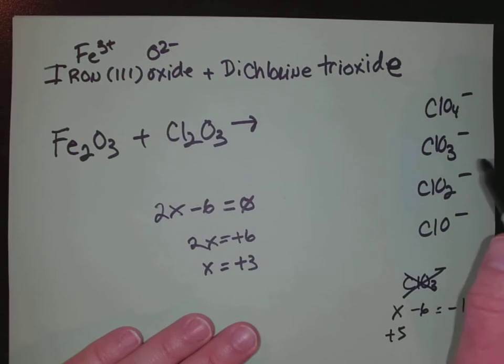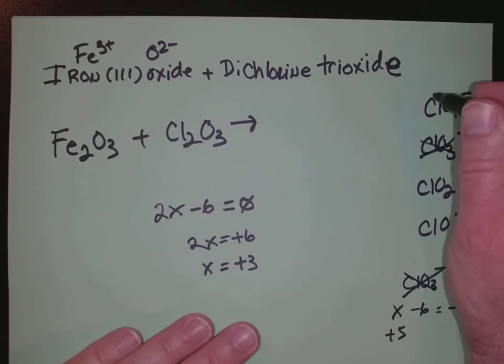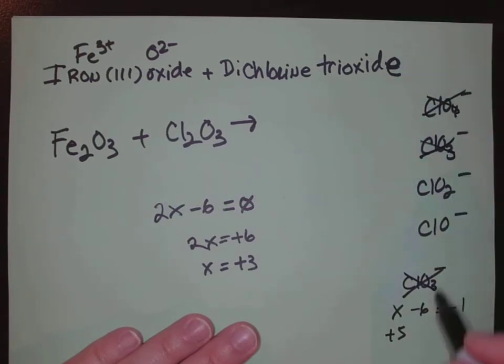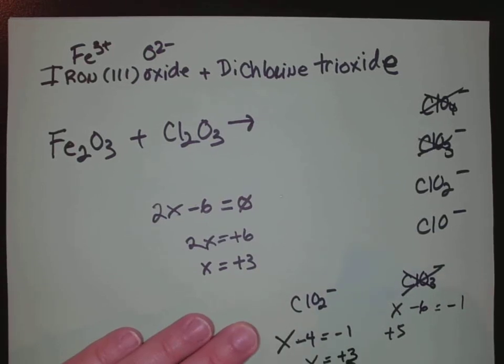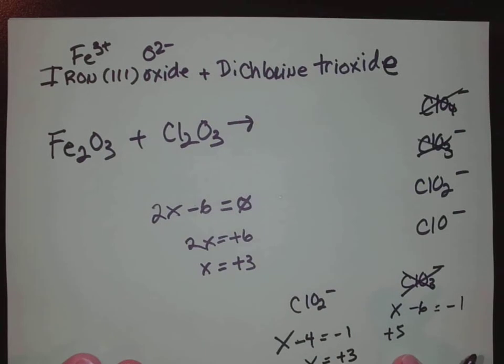So it wouldn't be ClO4. Let's try ClO2, chlorite. So again, it has to equal -1. 2 oxygens, that's a -4. And chlorine is X. Well, X has to equal +3 when I add +4 to both sides. So this is the winner.